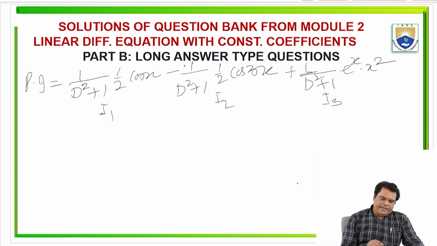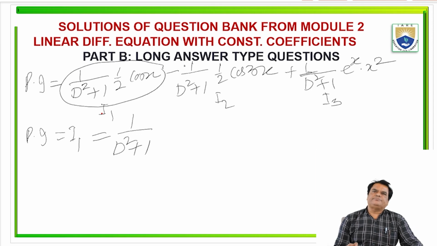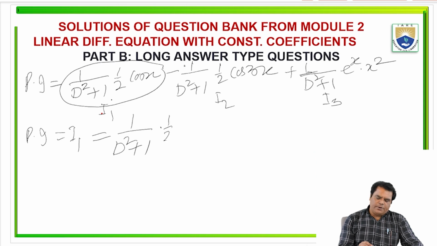So PI of I1. We write here 1 upon D square plus 1, only this term taken here. First of all, we find the particular integral of the first term, 1 upon D square plus 1 into 1 upon 2 into cos x.